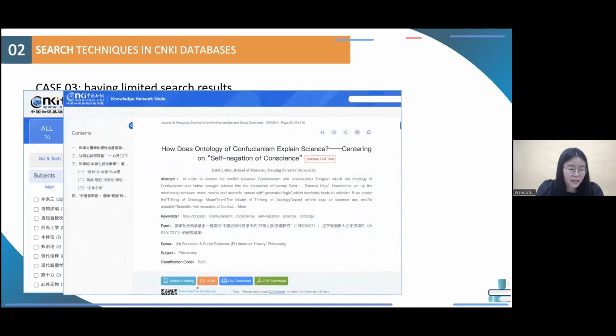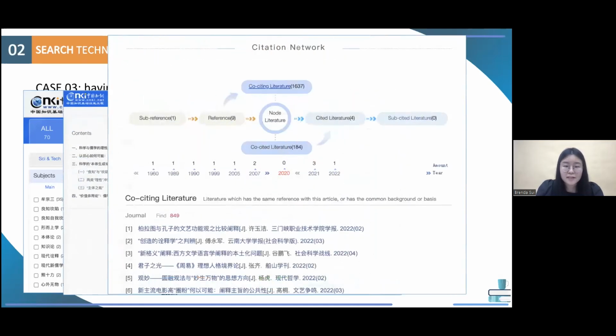And then we pull down the page and you can see its citation network. Here, co-citing literature refers to articles that have similar reference works or have the common research foundation. Co-cited literature refers to papers that are cited together with this article as a basis for further research.